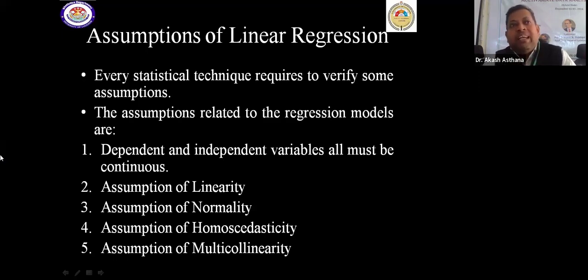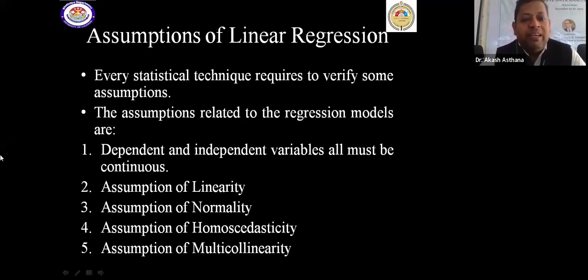If data is collected using close-ended questionnaires or MCQ type questions, or they have categories, then don't run regression on that. If data is in categories, then it will be preferable to use logistic regression, which will be discussed tomorrow.